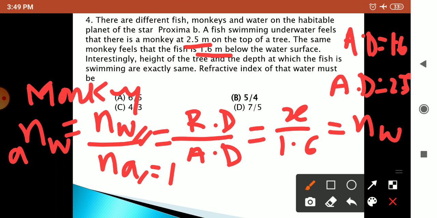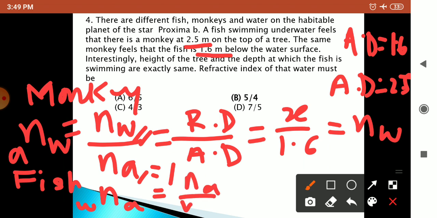Then for the fish, the refractive index of air with respect to water is given by NA upon NW, that is equal to real depth again, the same x, upon apparent depth, which is 2.5.